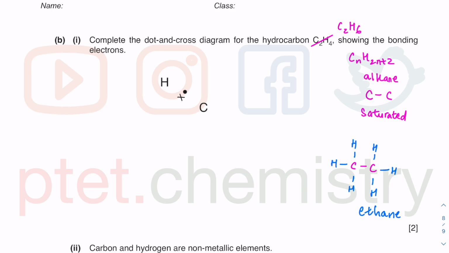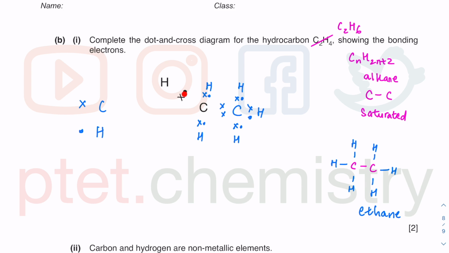So what can I do here? Perhaps I can do, let me see, you can draw in any way you want, but I just want to find the easiest way. So I've got dot cross hydrogen, dot cross hydrogen, dot cross hydrogen, dot cross hydrogen, cross for carbon, dot for hydrogen, based on my diagram there.